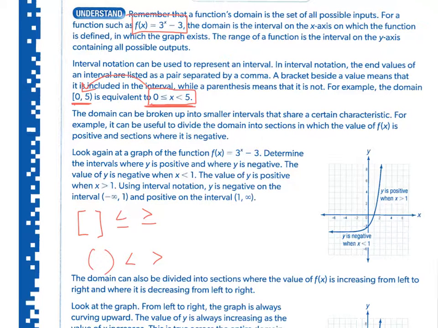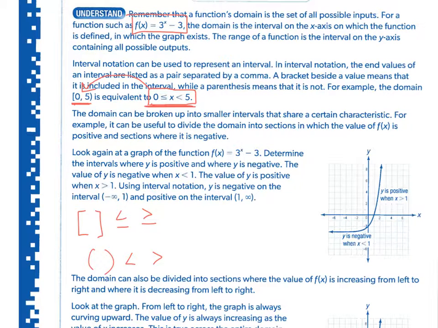They both mean the same thing. So don't be fooled if we see either of those. Here we're just talking about an interval. We're saying, on the interval from 0 to 5, we're going to include 0. I'm going to go all the way to 5, but I'm not including 5.